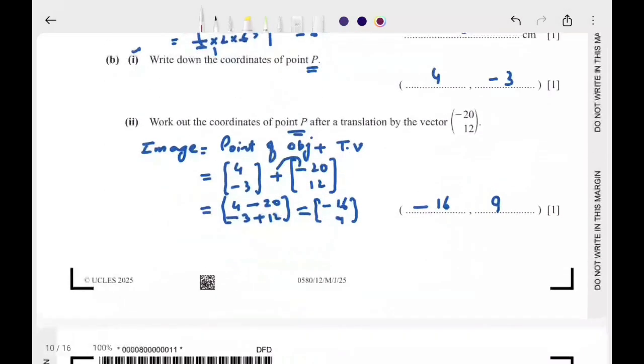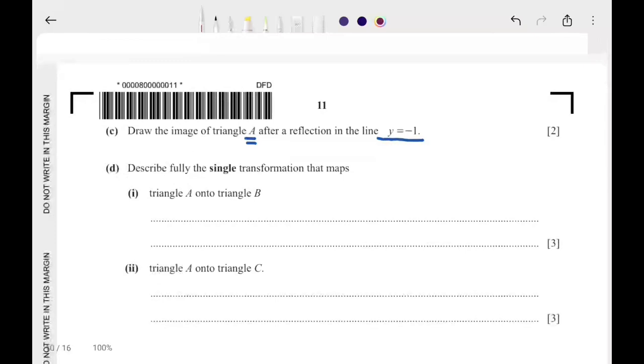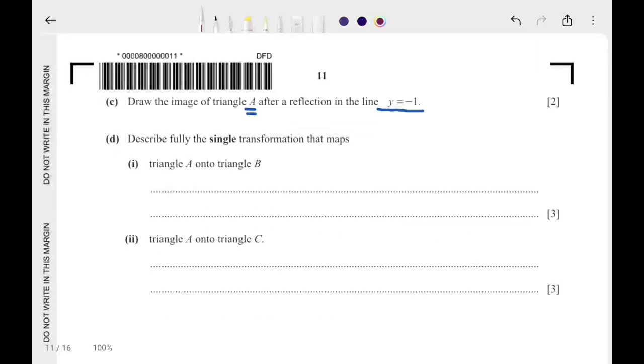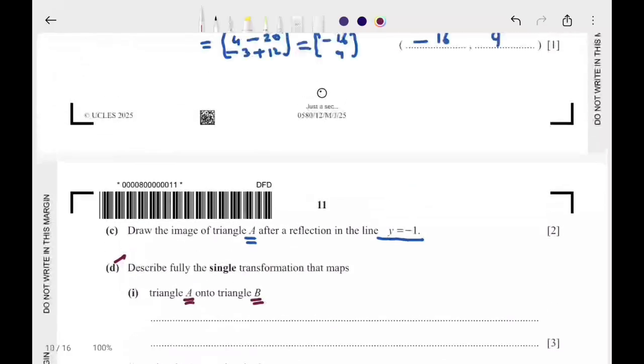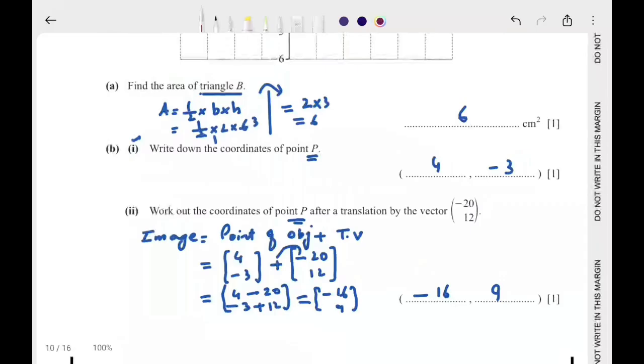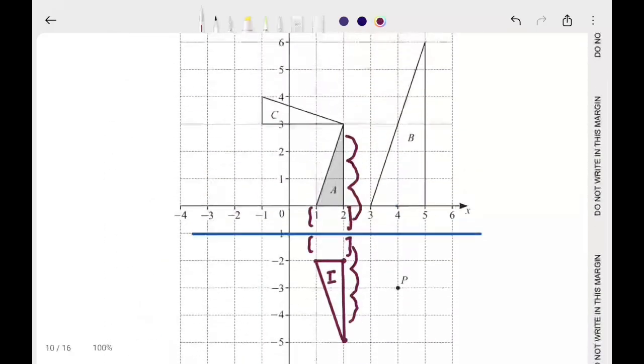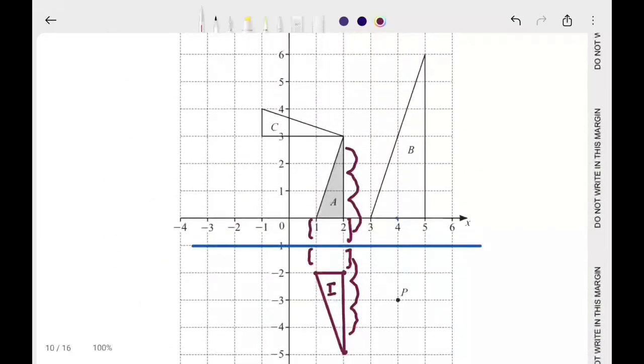Next part. Describe fully the single transformation that maps A onto B. So let us see. A onto B. Let me erase the previous working.